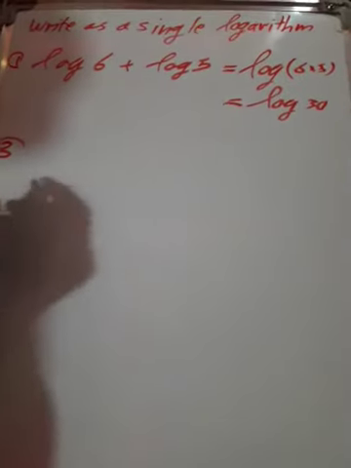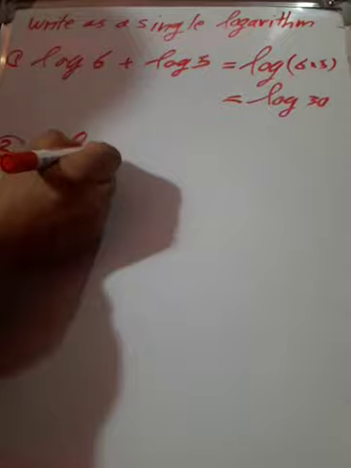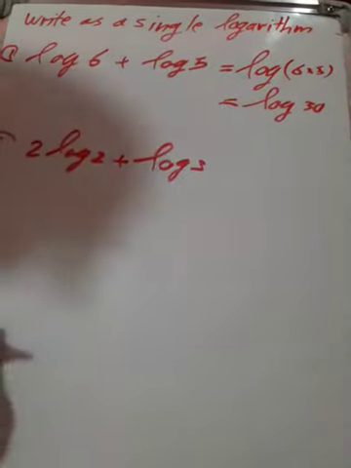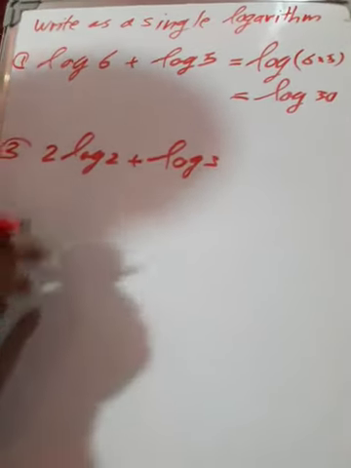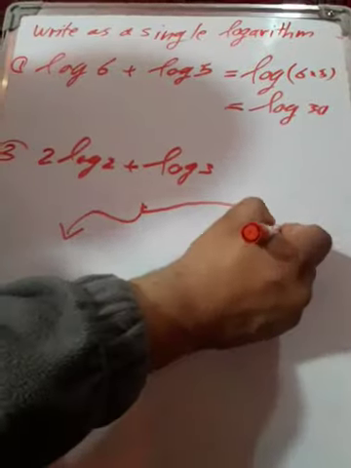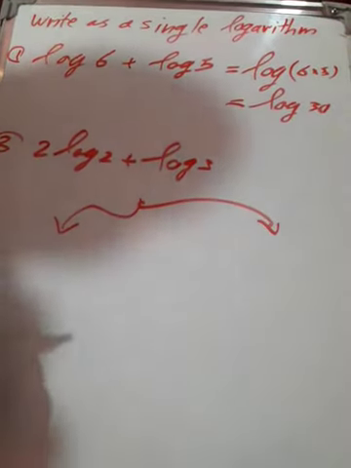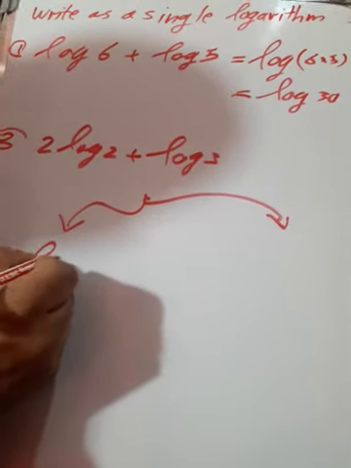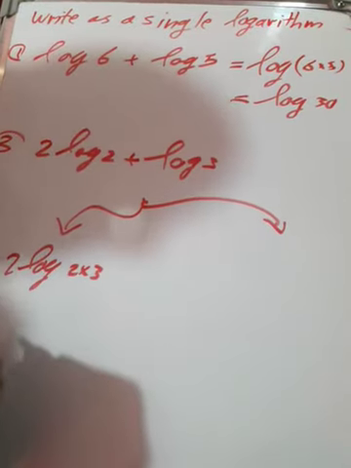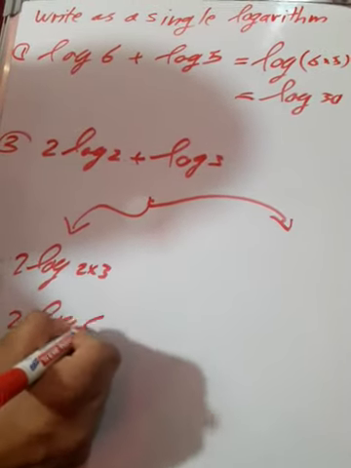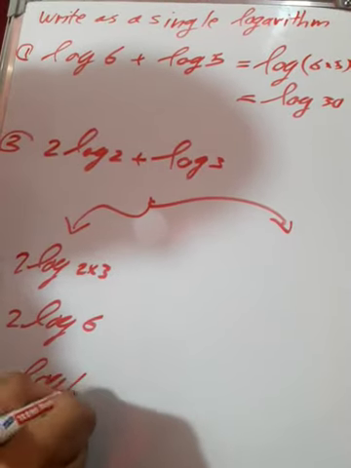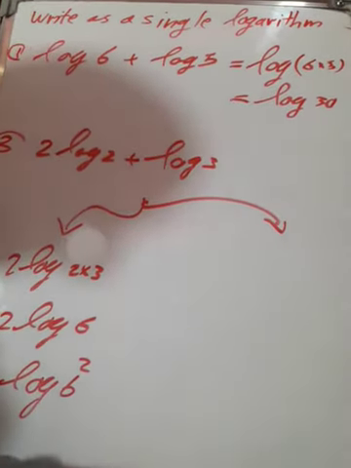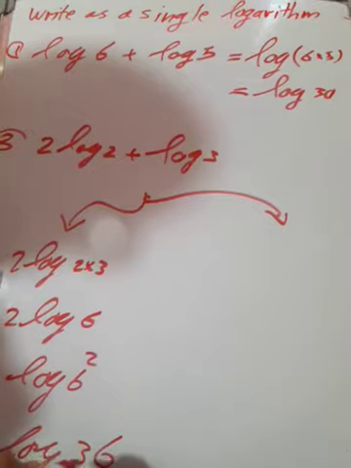The second example, 2 logarithm 2 plus logarithm 3. Here we have to do what first? Okay. We have two choices here. One of them is wrong and the other one is right. Do you think that we have to write it like that? 2 logarithm 2 times 3, 2 logarithm 6, logarithm 6 to the power 2. We enter the 2 as a power, so we have logarithm 36.